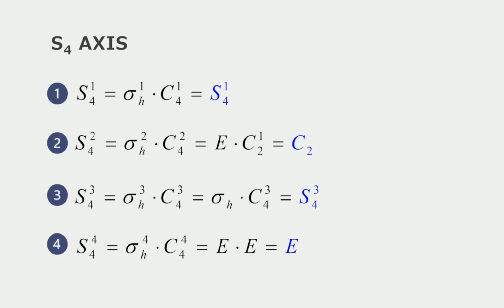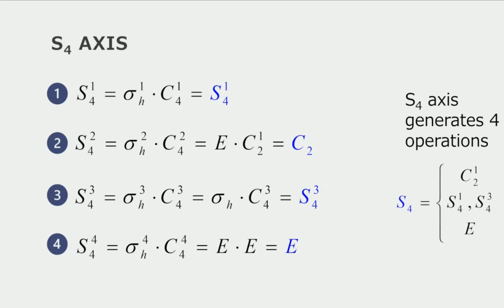Both are identity operations, right? So the result is the identity operation. Therefore, the unique operations associated with S4 are S4 to the power 1 and S4 to the power 3. And the operations S4 to the power 2 and S4 to the power 4 are equivalent to the C2 operation and the identity operation respectively.